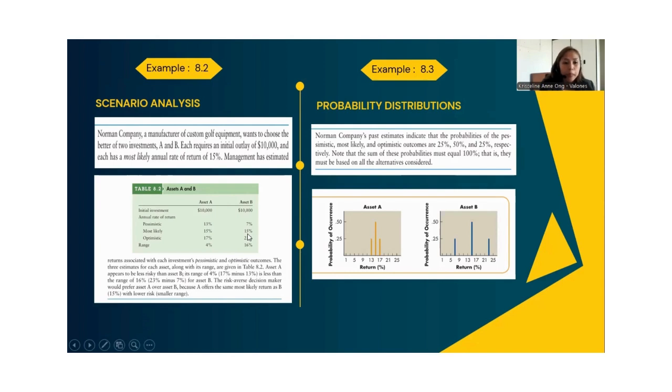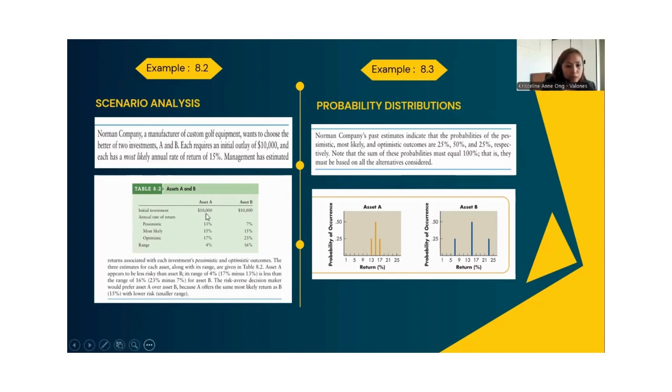It means that asset A is a less risky investment versus asset B, because asset B has a wide range of difference between the best outcome and the worst outcome.